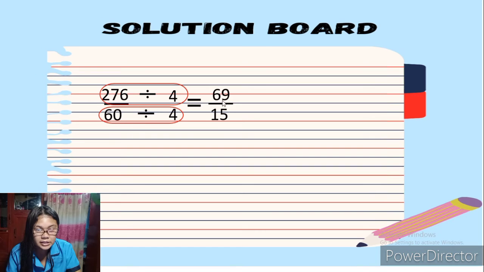Pwede pa kayong i-turn into simplest form tong 69 over 15. Saan kaya natin siya pwedeng ipag-divide tong dalawang to? Sa 3. So, 69 divided by 3 is equals to 23. Then, 15 divided by 3 is equals to 5.